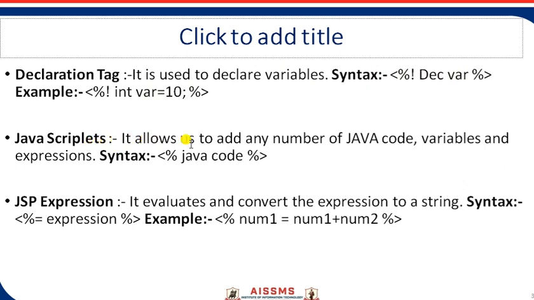And Java scriptlets allow you to insert the Java code directly. Programming executable code you can add here, like system.out.println a is equal to b by c. This way processing instructions you can have here in Java scriptlets.